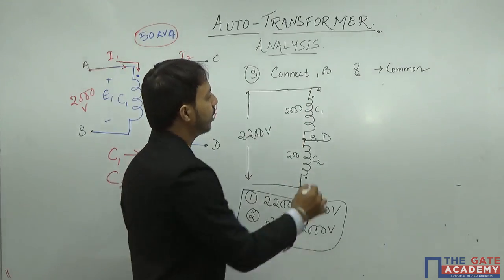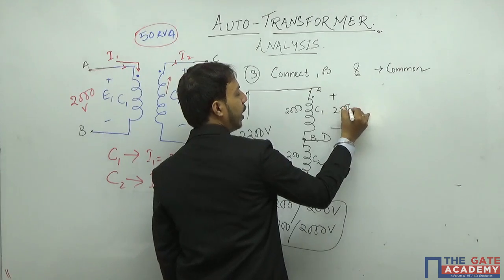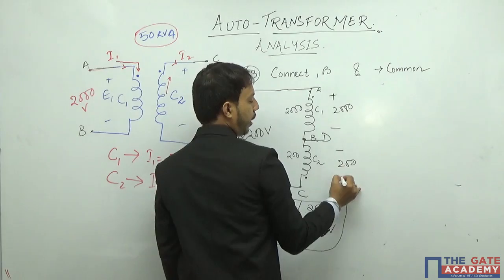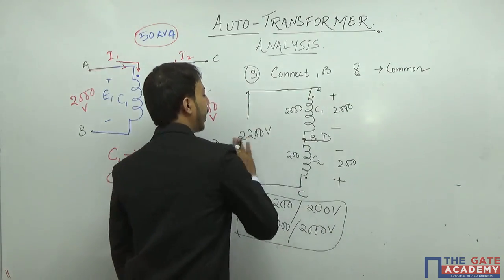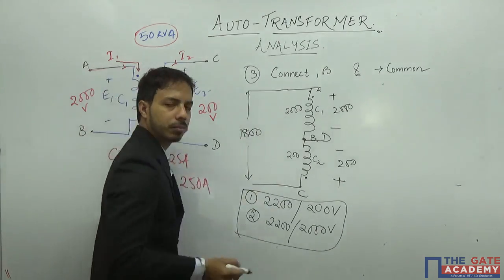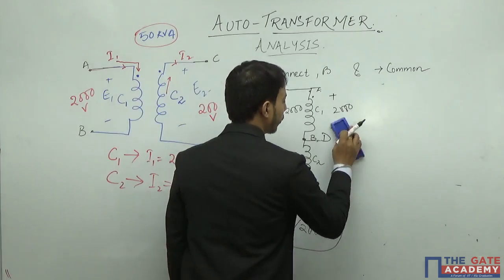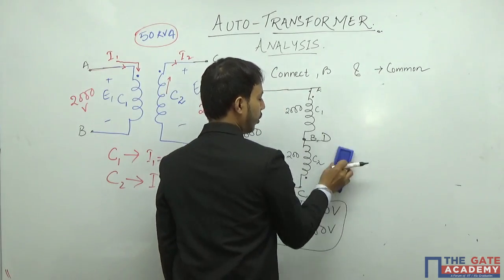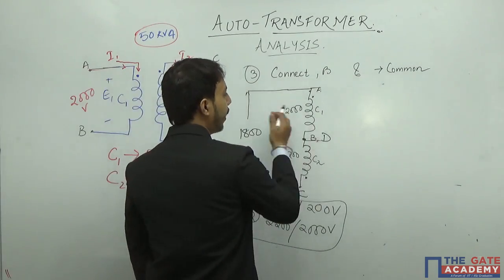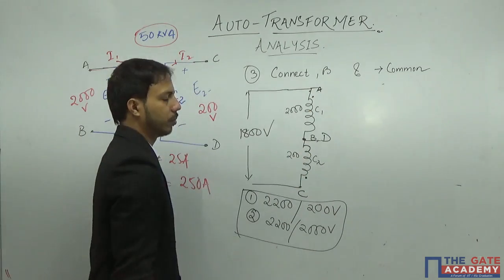That means if at any instant this is 2000 here, this will be 200 in the opposite way. So the total that I can get here is 2000 minus 200, which is 1800. So the maximum output in subtractive polarity will be 1800 volts.